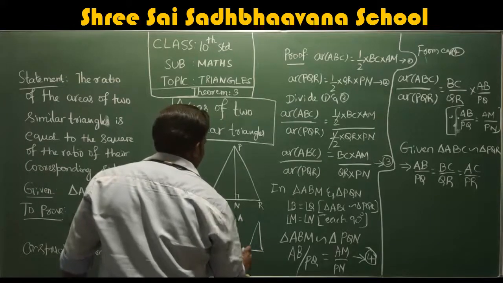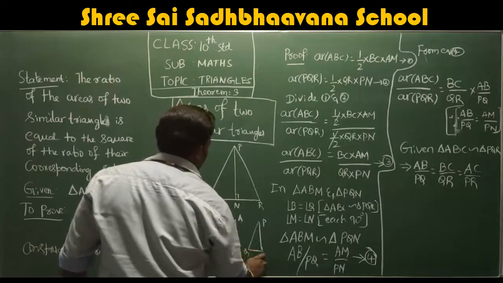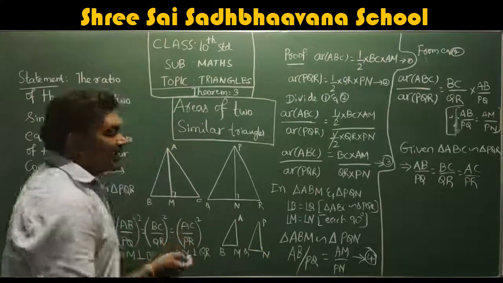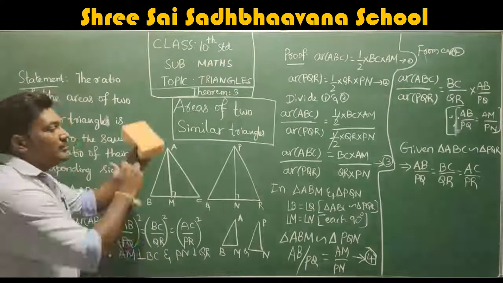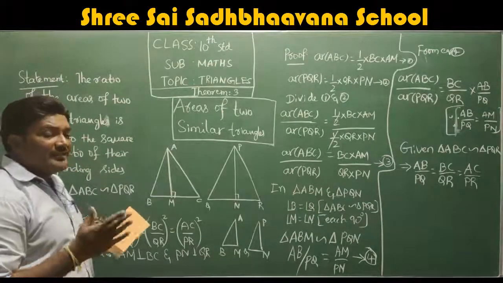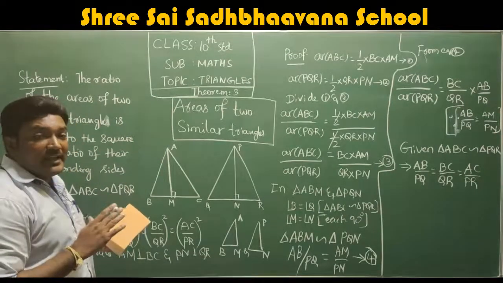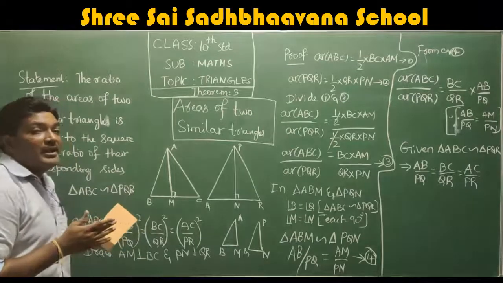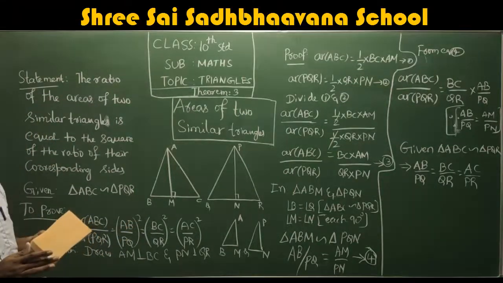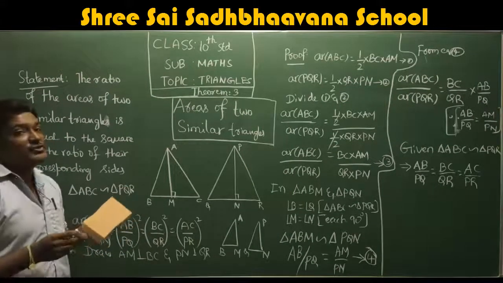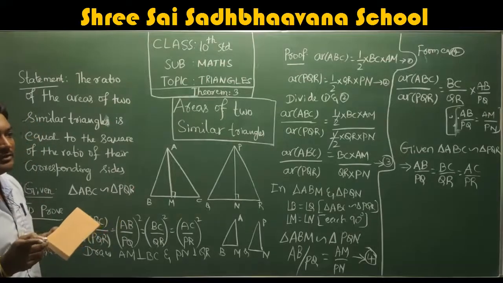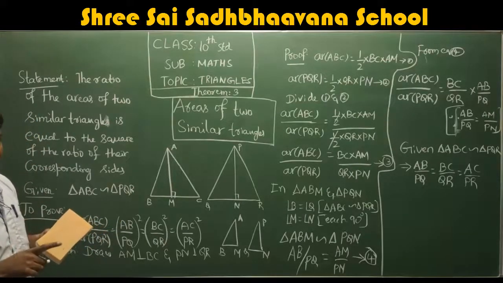When can you say that two triangles are similar? If their corresponding angles are equal and the corresponding sides are proportional. Correct? This was the concept we learned.